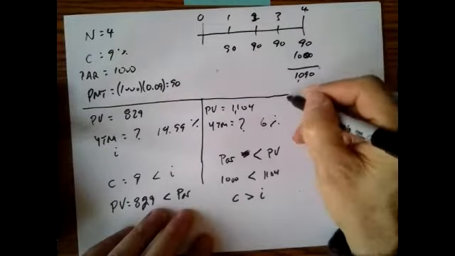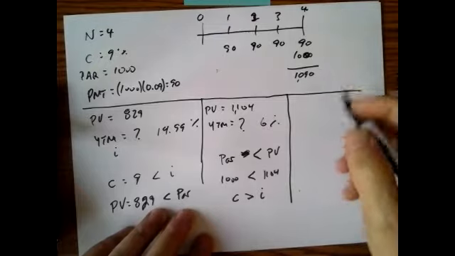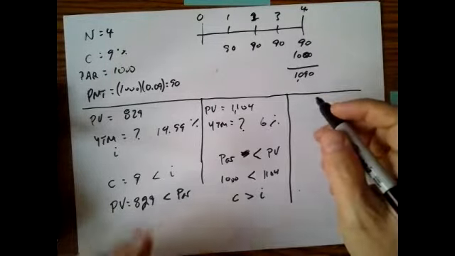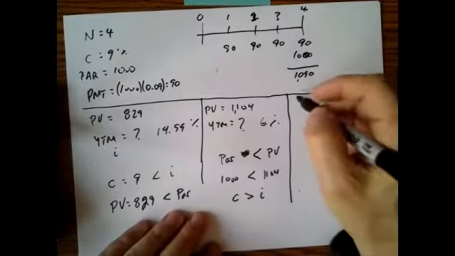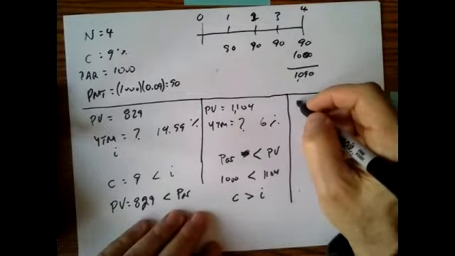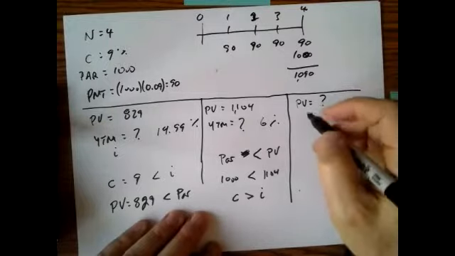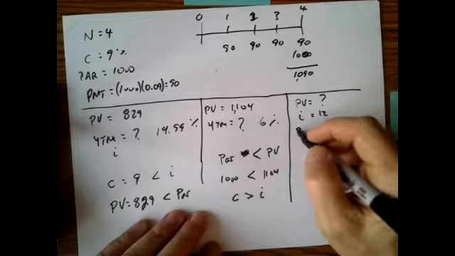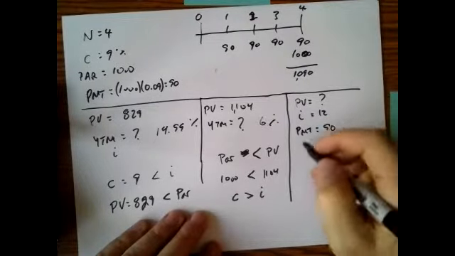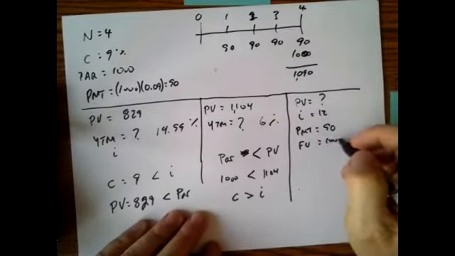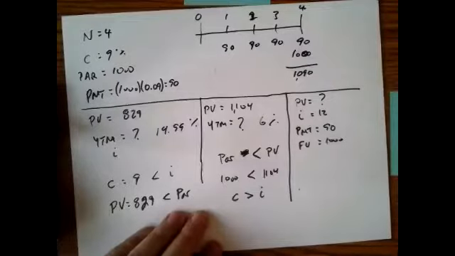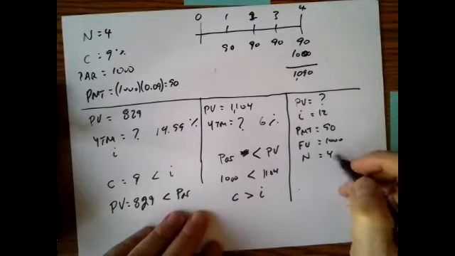Well, for a 12% rate of return, we could calculate what that implied PV is, and then we'll know if we're getting a bargain or not. So what's the PV? If the interest rate is 12, the payment is still 90, the future value is still 1,000, and of course N is still 4.